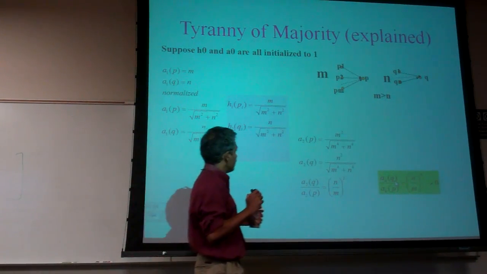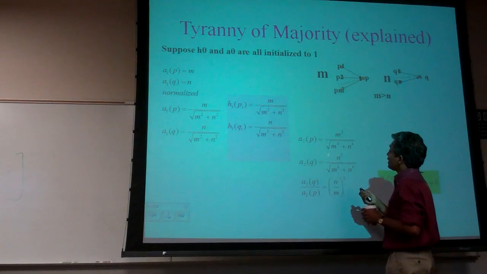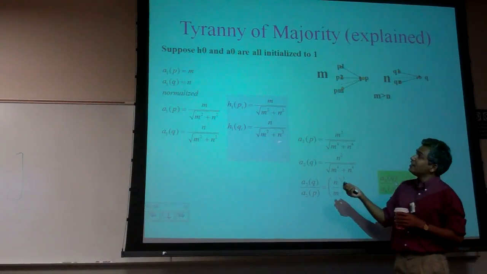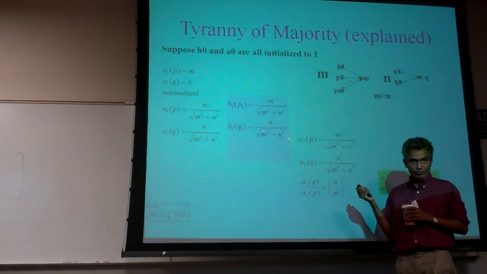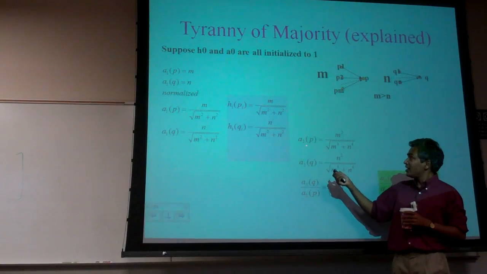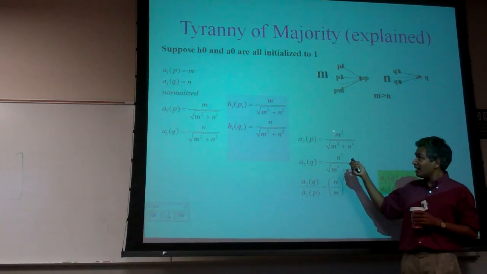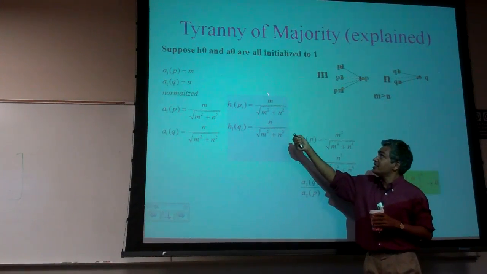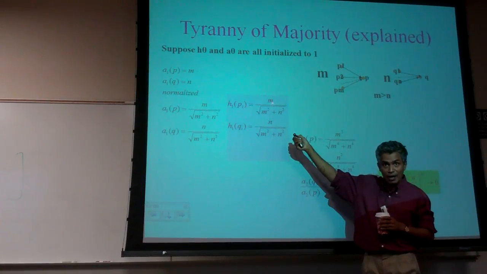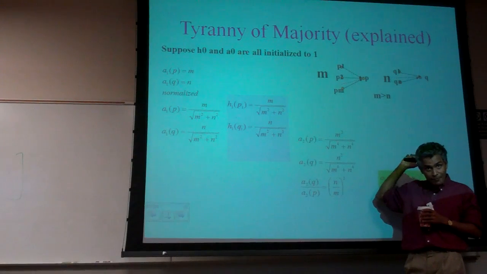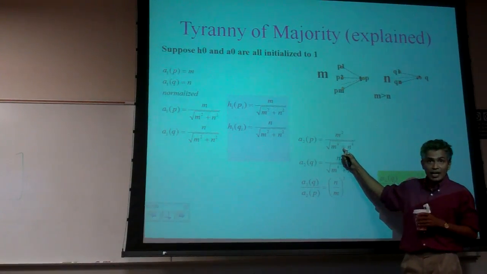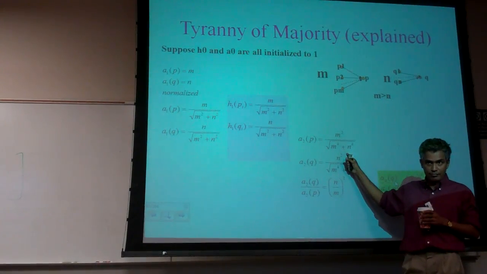Now at the next level, the authority is computed in terms of the hub values. In the second iteration, the authority of page P would be M squared, because there are M pages pointing, each of them with hubness M. And of course it would be divided by the square root of M to the power 4 plus N to the power 4.